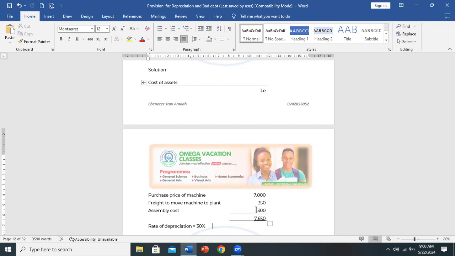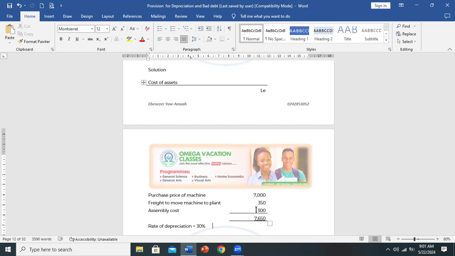If you want to even install DSTV or multi-TV whatsoever, it is the technician who is going to fix the dish, do the tuning and all that. You pay the person. Okay. So all these expenses or these payments should be part of the cost of the television, simply because you had to pay for those expenses to be able to get the television ready for use.